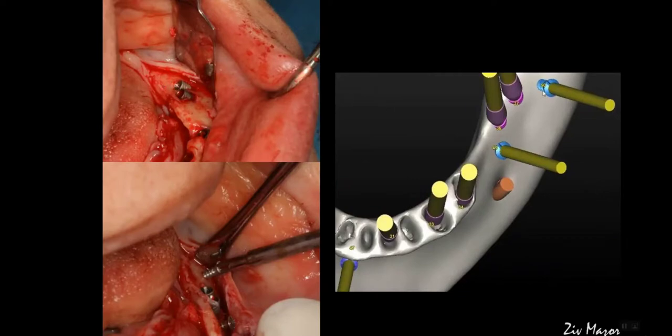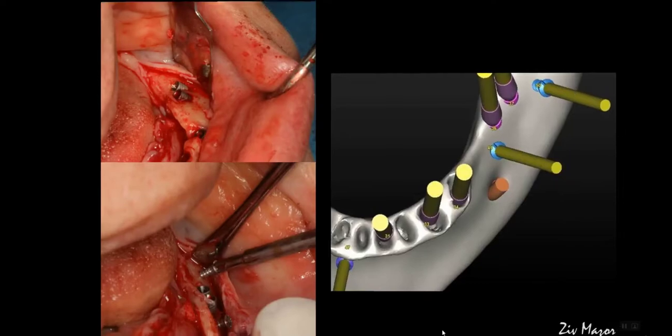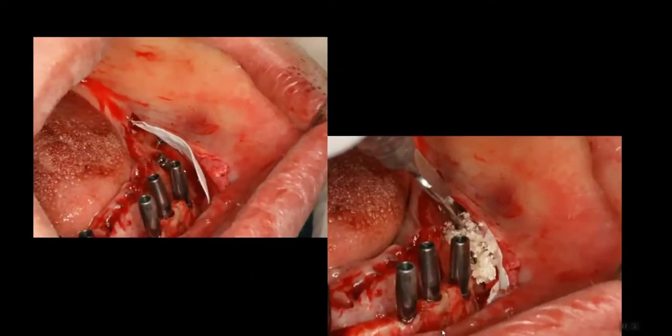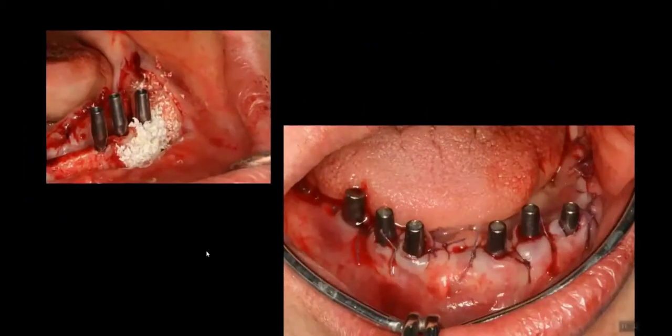And those 2 screws here are tenting screws, which I'm placing here, that will now be support for my membrane and graft material. So actually you can see that I placed stock abutments on the front implants, and those 2 implants that needed horizontal GBR are not going to be immediately loaded.